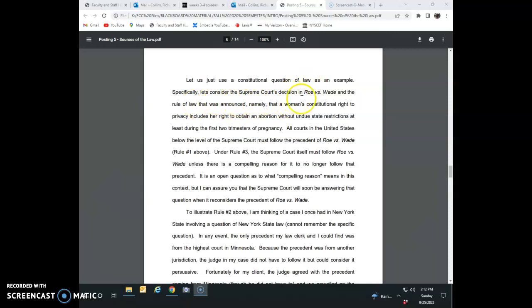And we had the 1973 decision of the Supreme Court in Roe versus Wade and the rule of law that was announced, namely that a woman has a constitutional right to privacy, which includes her right to obtain an abortion without undue state restrictions, at least during the first 2 trimesters of pregnancy.